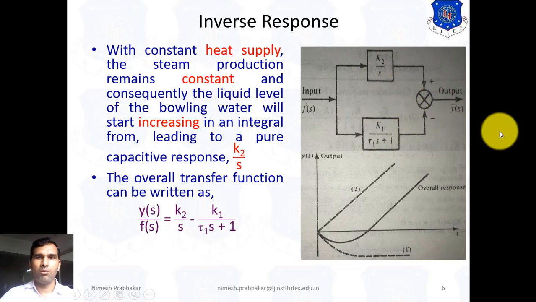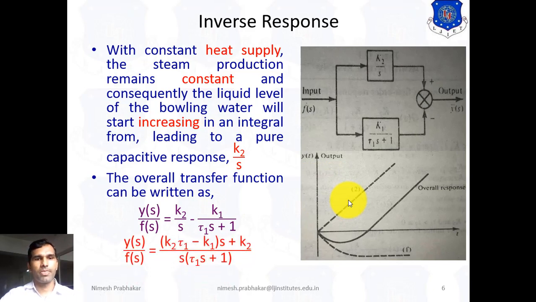So Y(s) upon F(s) is nothing but the summation of these two blocks, but this is an inverse block, that's why here we indicate the minus sign. So K2/s minus K1/(tau 1 s plus 1). This is the overall response of the system.